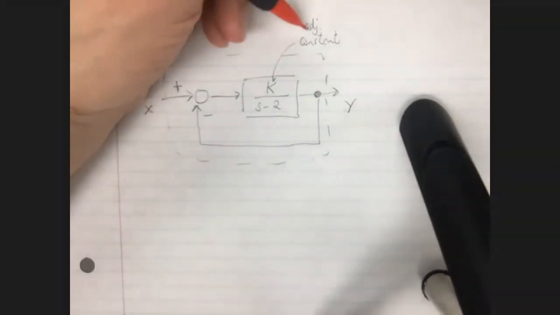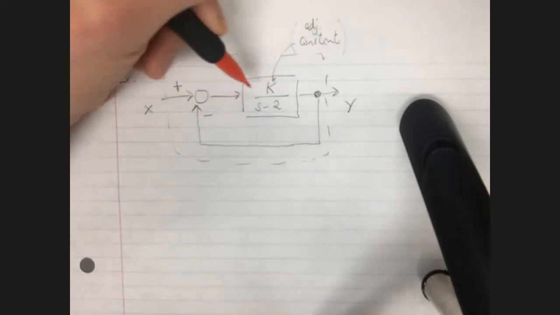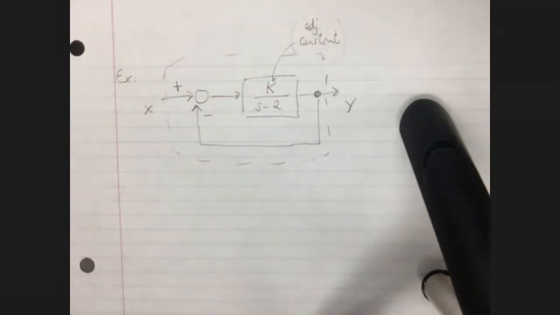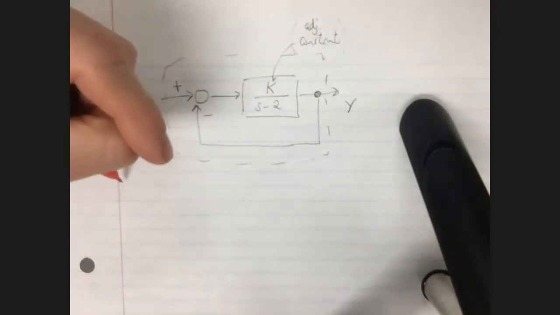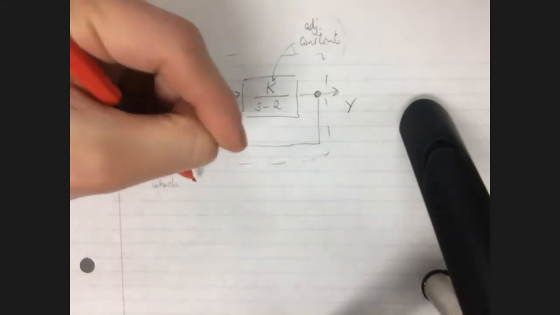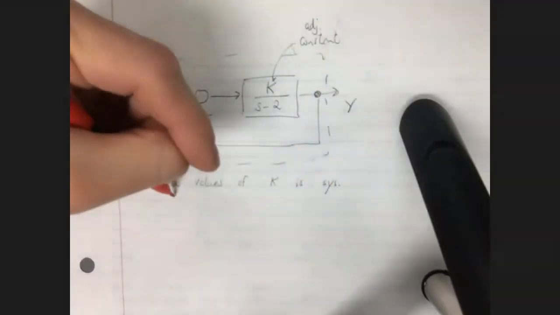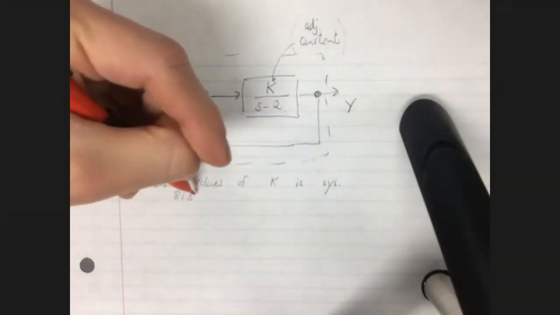So K is an adjustable constant, like a little amplifier that you can turn up or down. And I'll ask you for which values of K is the system BIBO stable.